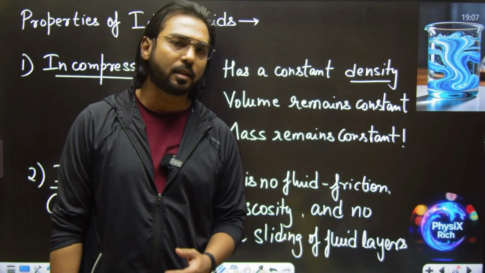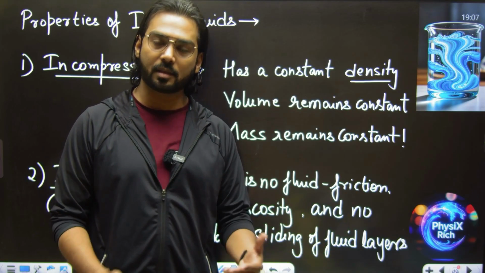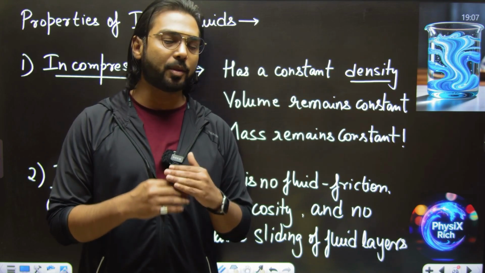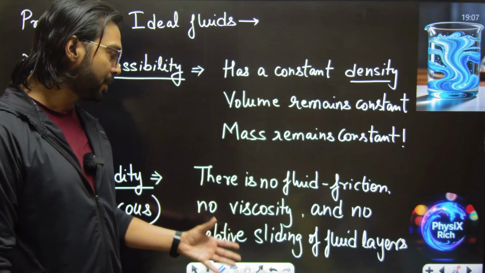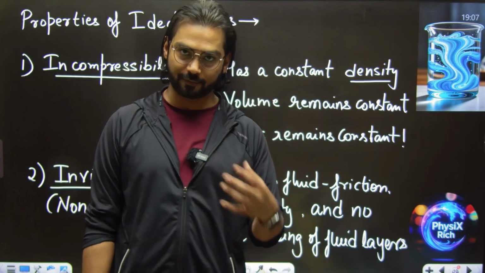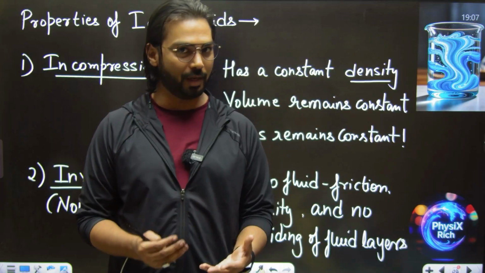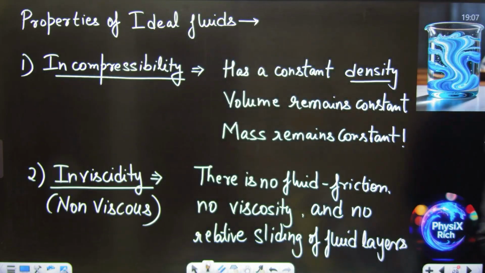Viscosity is fluid friction. It's the friction that exists in between the hypothetical layers of fluids. So there is no friction and no sliding, there is no loss of energy because of friction between fluid layers. So that means inviscidity. So the fluids are non-viscous.